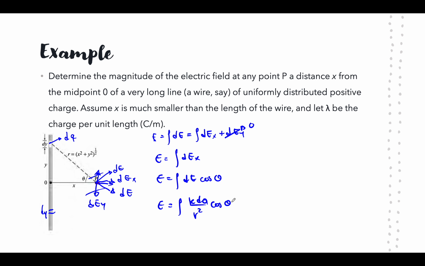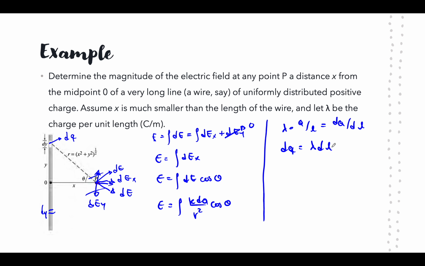All right, so similar to our previous example, we have to figure out our variables. So here I know that lambda is equal to q over L, which is equal to dq over dL, which means that the charge differential dq is going to be equal to lambda dL, right?